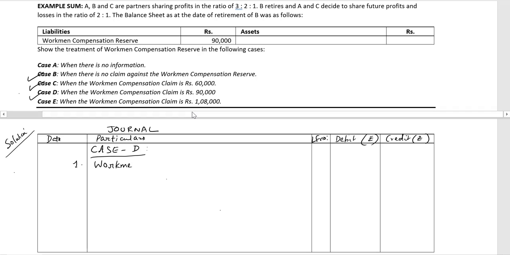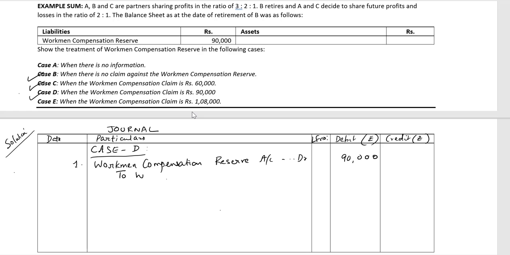We have workman compensation reserve account debit 90,000 rupees to workmen compensation claim account 90,000 rupees being claim provided for.